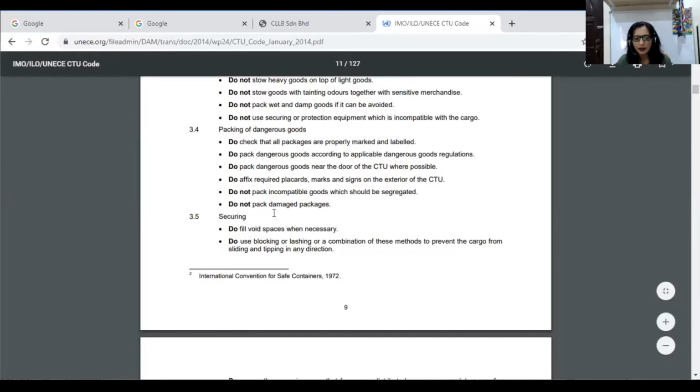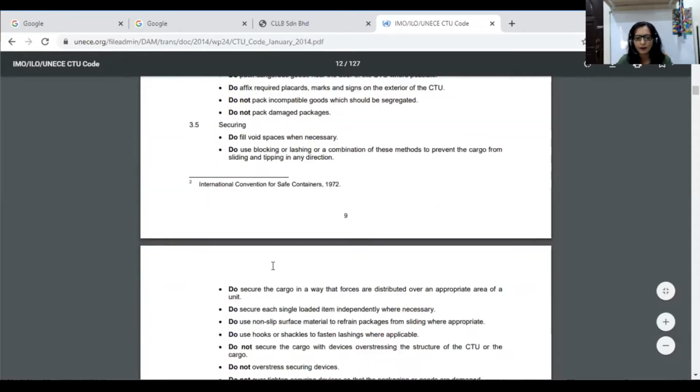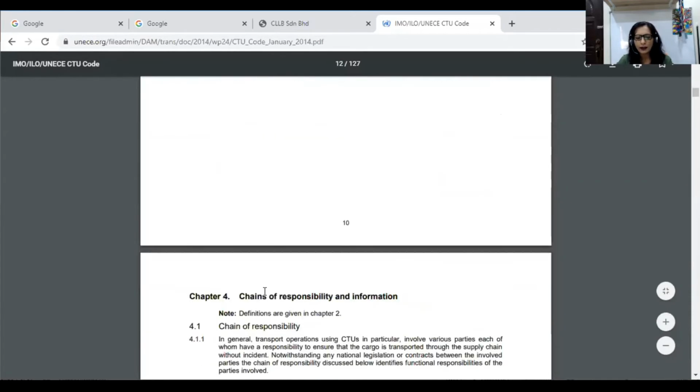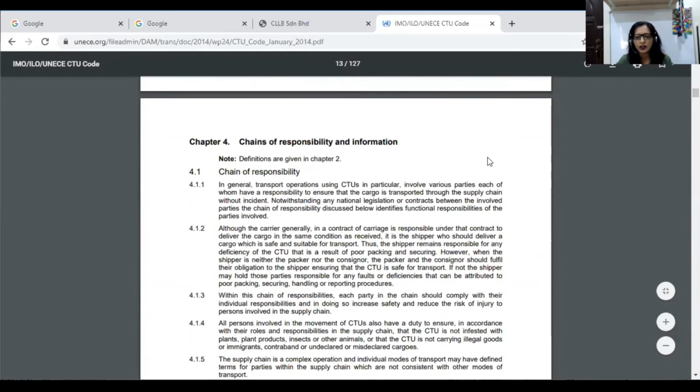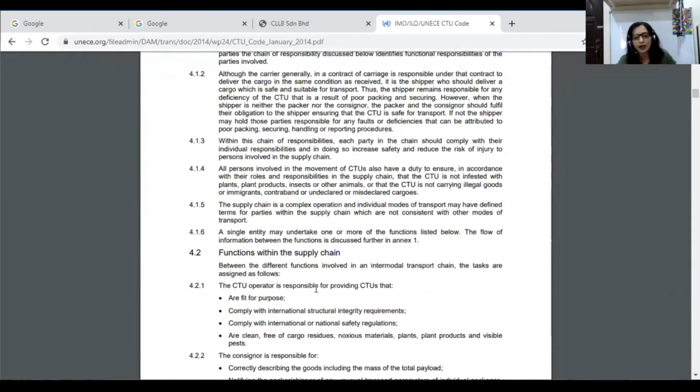So coming back to this, here they're talking about all the key requirements in terms of the cargo, securing of the cargo. What do you do when you complete packing? When you unpack. And then it runs to chains of responsibilities. Here it explains the functions of all those parties that are in the supply chain of a product.